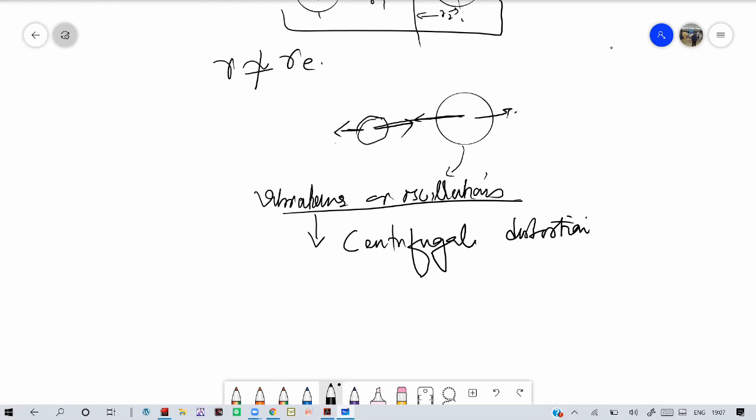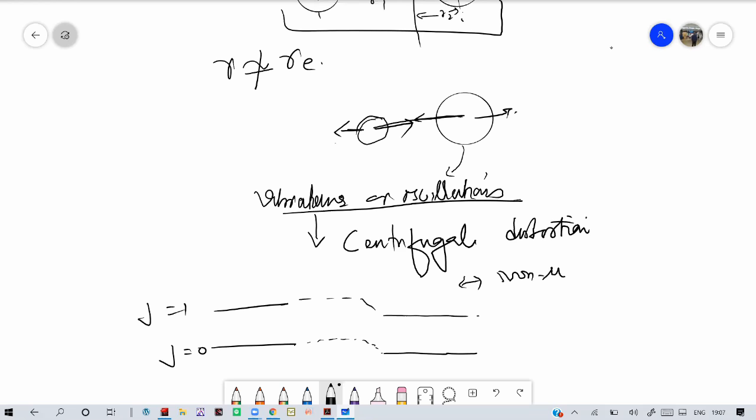And the centrifugal distortion will result in a decrease of the total energy level. That means if an energy level earlier existed at some value, for example, J equal to 0 is here and J equal to 1, due to centrifugal distortion there is a decrease. This will go like this. This is when it is non-rigid.